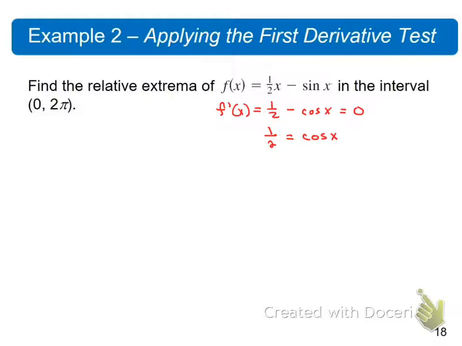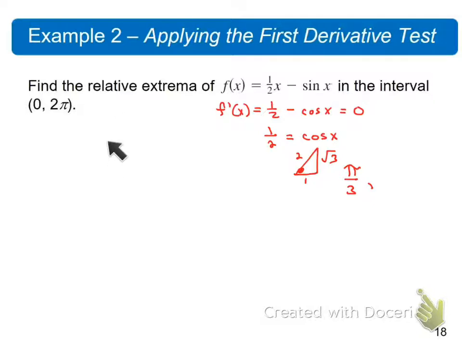Let's see. If you don't have your unit circle memorized, I think of this triangle: 1, 2, square root of 3. That's a 60-degree angle. What's a 60-degree angle? Pi over 3. So we have pi over 3, but I think it occurs somewhere again, doesn't it, in the interval from 0 to 2 pi?